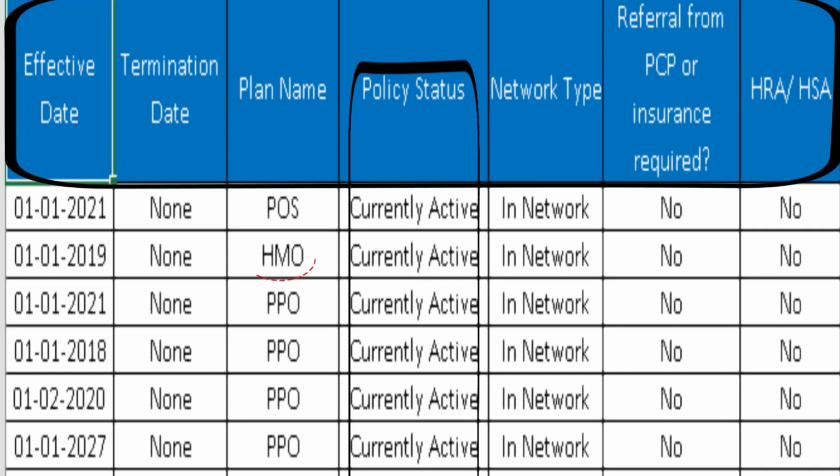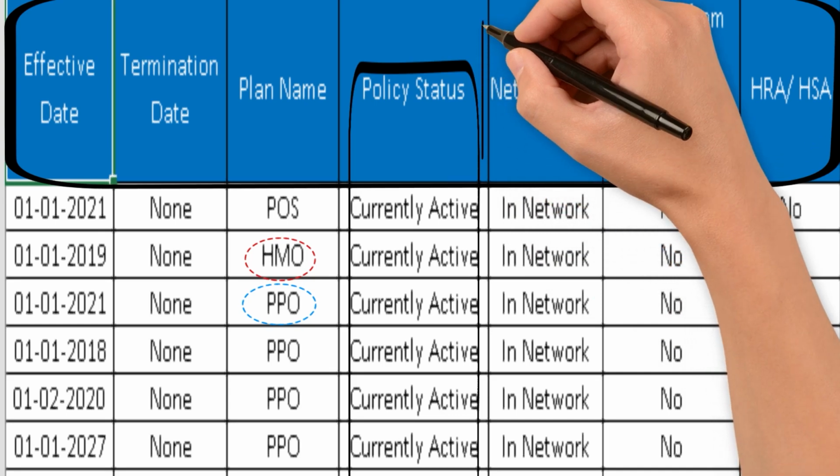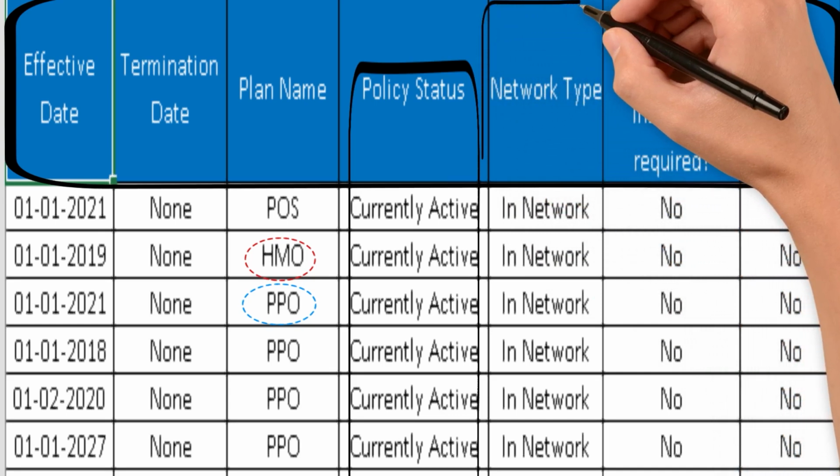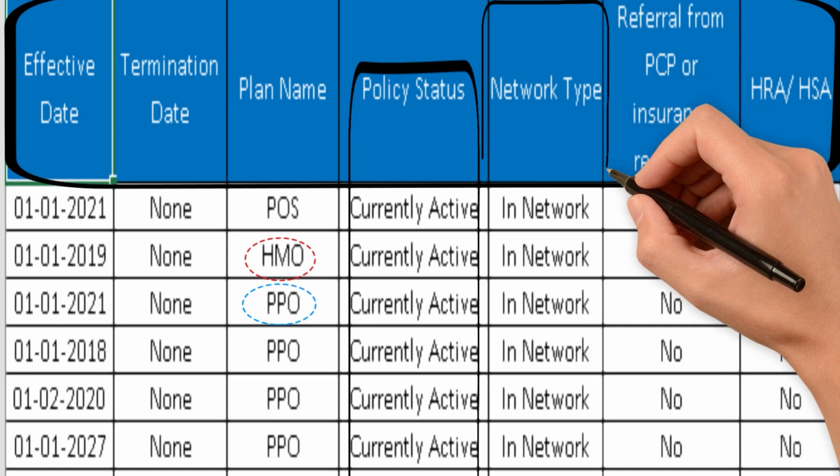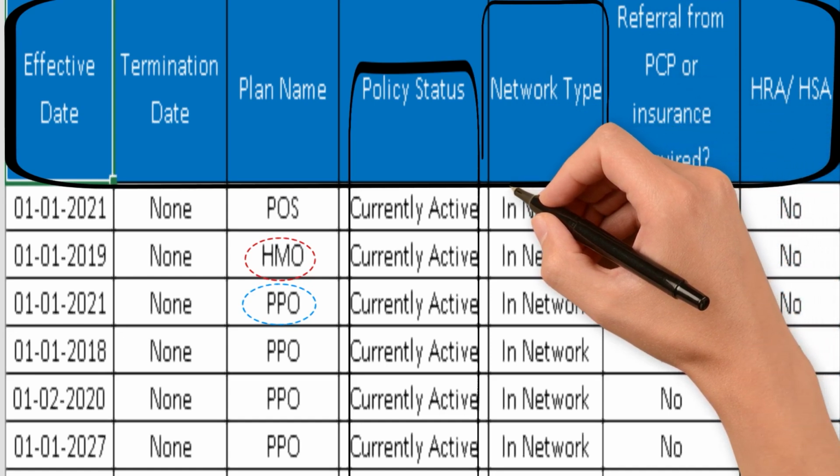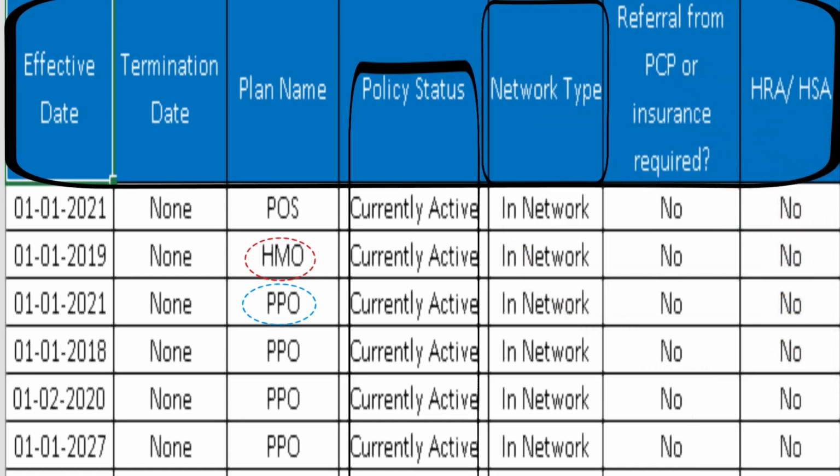For example, a low premium Aetna plan is called an HMO plan, and a high premium Aetna plan is called a PPO plan. So always check eligibility in reference to the patient's plan under a policy, especially when checking network participation status, that is, whether our healthcare provider is in network with the patient's plan or not.